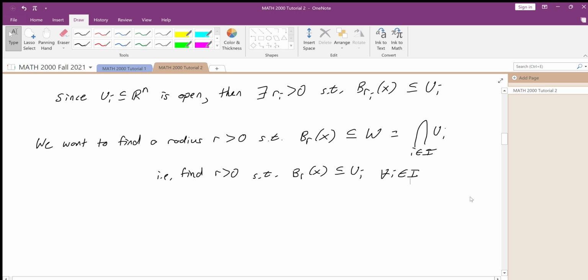And it's important to note that this R has to work for all I. Okay. So how is it we do that? Here this time we just pick R to be the minimum of the Ri's.